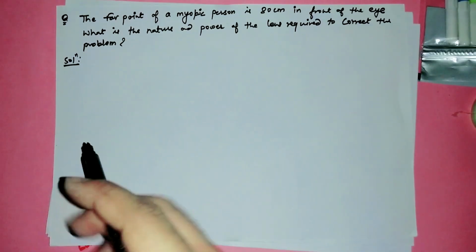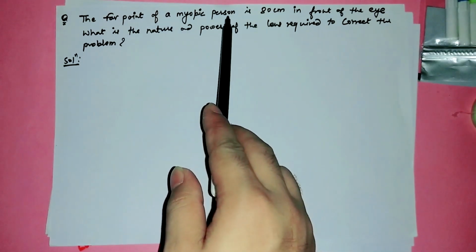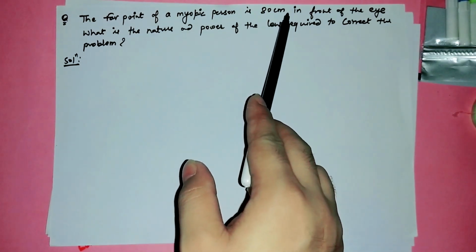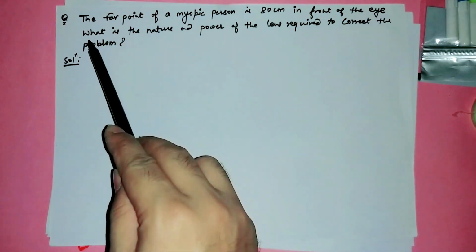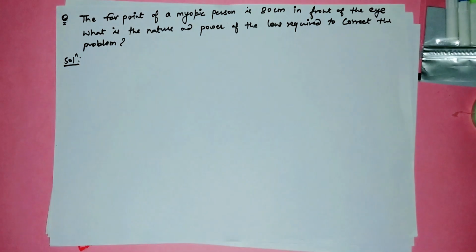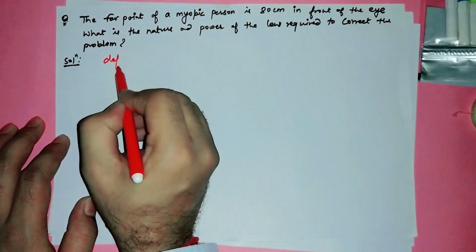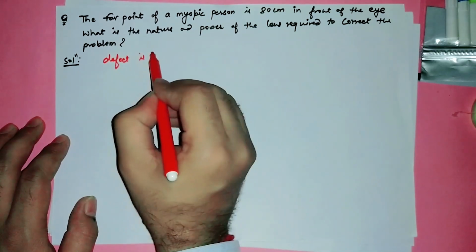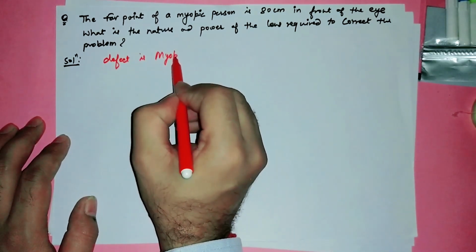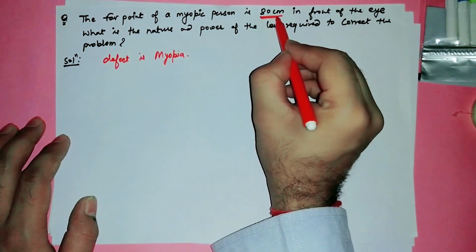Now the next question is, the far point of a myopic person is 80 centimeter in front of the eye. What is the nature and the power of lens required to correct the problem? Okay, so in this question the defect is myopia, and the far point is 80 centimeter.